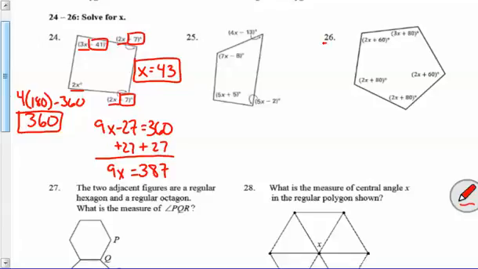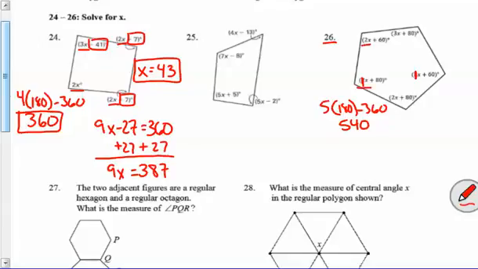In number 26, it's a pentagon, which is different because pentagons are 5 times 180 minus 360, or 540. So the process is the same. And let's change this to 1 and 1, just to make the problem a bit easier.